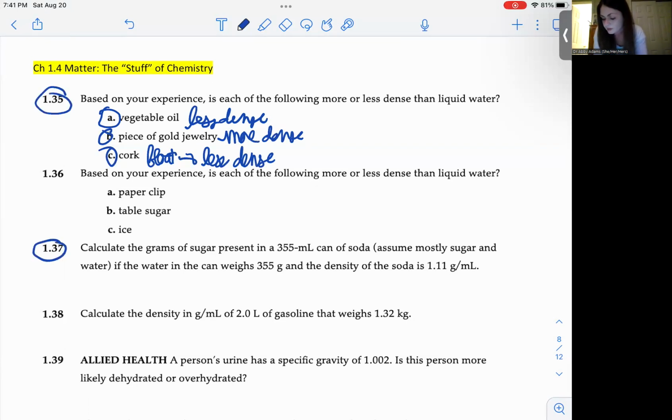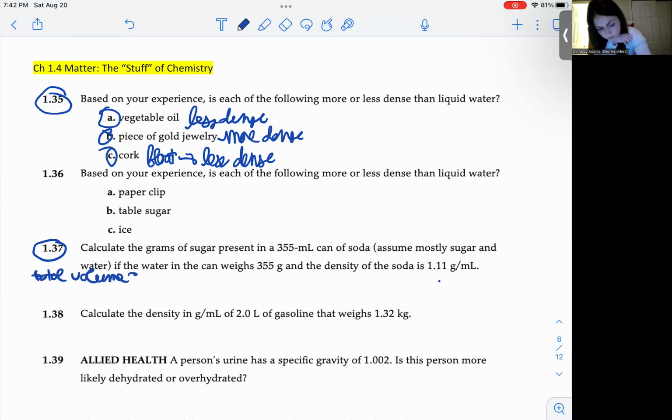1.37. Calculate the grams of sugar present in a 355 mL can of soda. Assume it's mostly sugar and water. If the water in the can weighs 355 grams and the density of the soda is 1.11 grams per mL. All right, so we have the total volume.